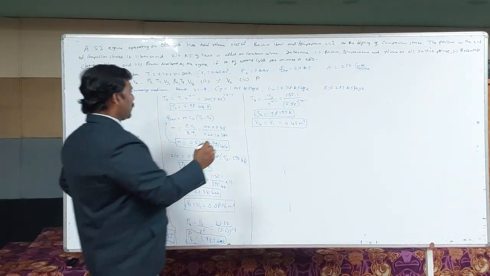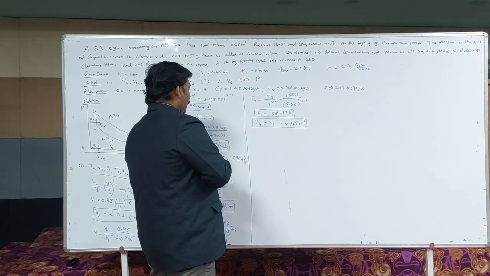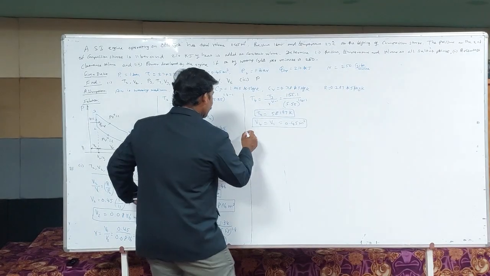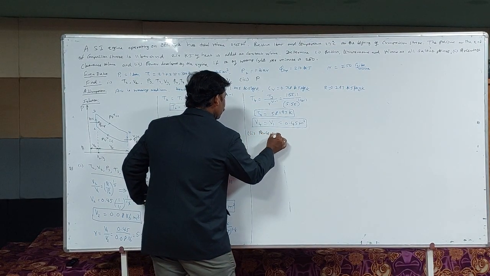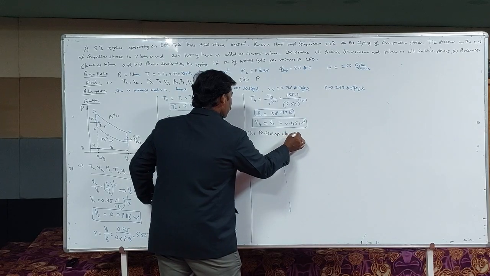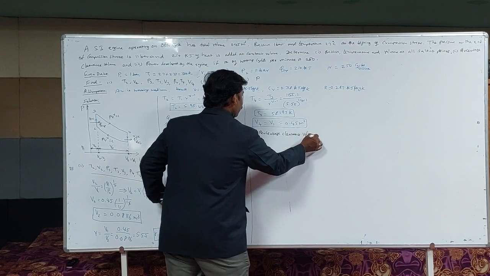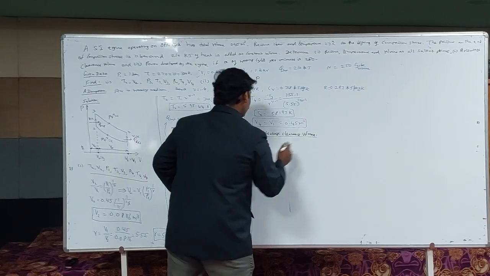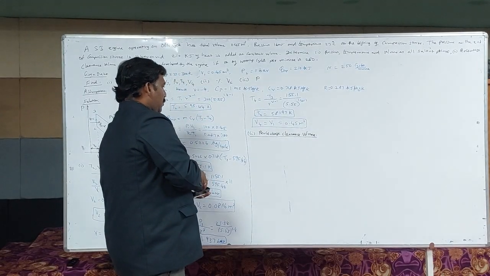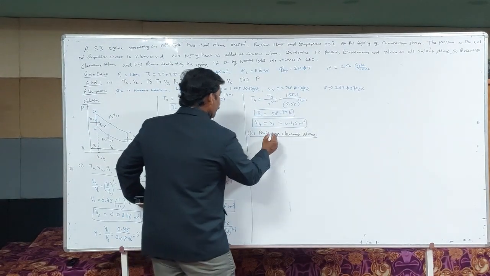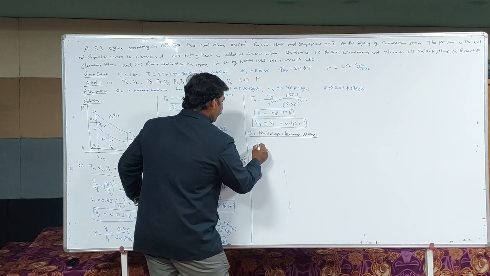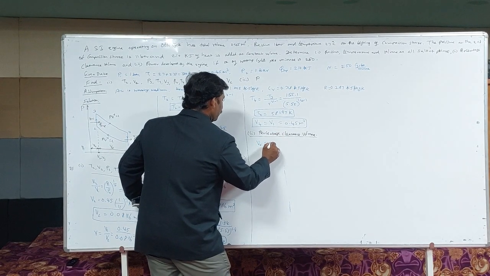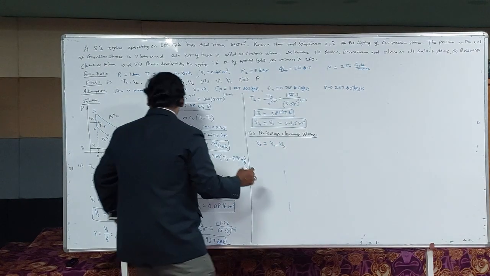Now we have to find out the percentage clearance volume, for which we have to find out Vs first. The Vs is equal to V1 minus V2, you can see here.